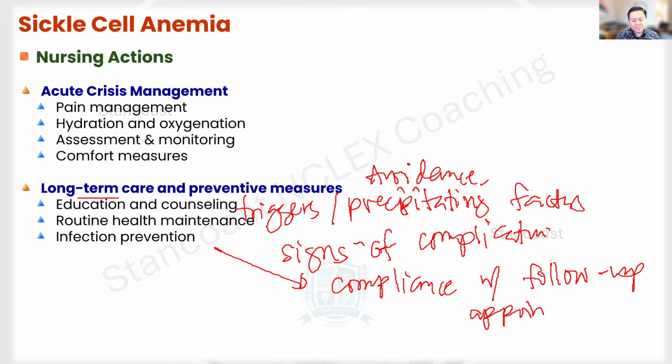So at least they will have blood work to be done. And of course, there will be much more comprehensive care and monitoring. And they need to be compliant with the medications such as the hydroxyurea. And the reason for that is because the hydroxyurea will require frequent blood testing.